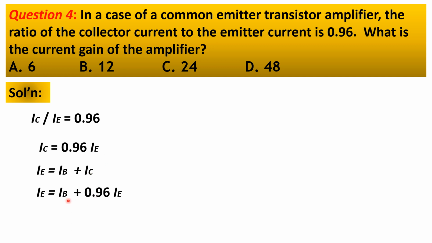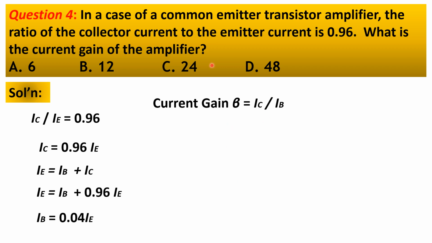So IE becomes equal to IB plus 0.96 IE. Transposing 0.96 IE to the left side of the equation gives us IB being equal to 0.04 IE.